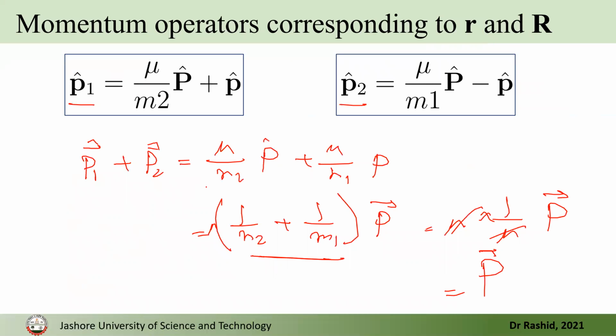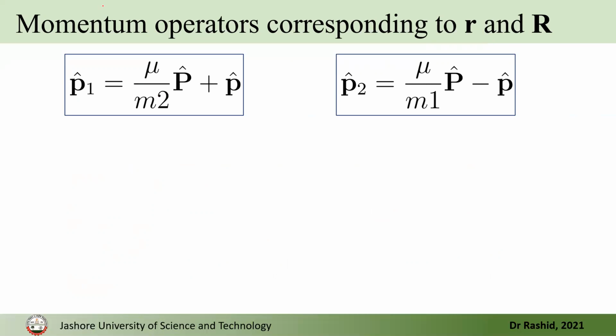Here we again dropped the operator sign, so as to write it as a momentum. And to get the other equation, let's multiply this one by 1 by M1, so we have here M1, M2 and P by M1. If we multiply this one by 1 by M2, we'll have here M1, M2 and P by M2.